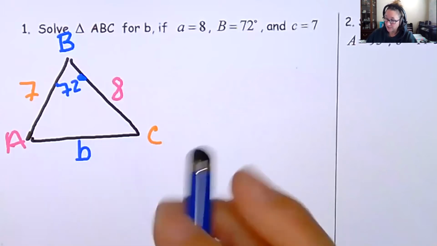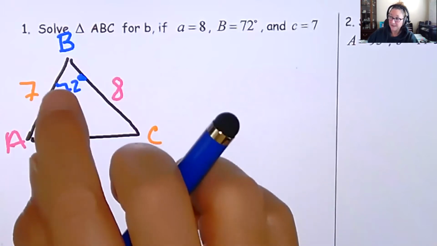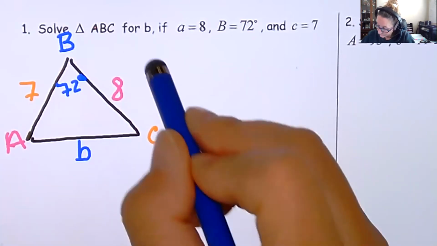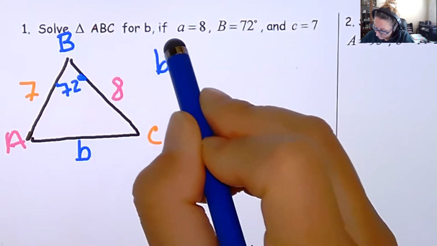And so if I was to find b, then I could basically just do law of sines the rest of the way. So I am going to use law of cosines for b.